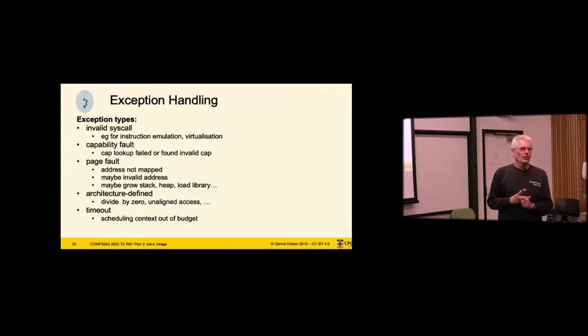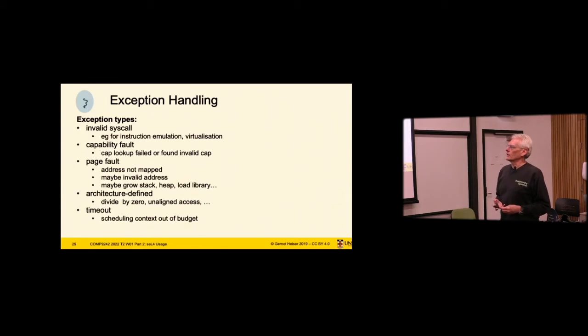There's an invalid syscall, which basically means there's a syscall instruction with an invalid argument, and that can be useful for instruction emulation, in days when many microprocessors didn't have FPUs. This is a typical way of doing floating point emulation. You just use a floating point instruction even though your process doesn't have an FPU. It triggers an exception, software gets invoked, implements the floating point instruction and returns.